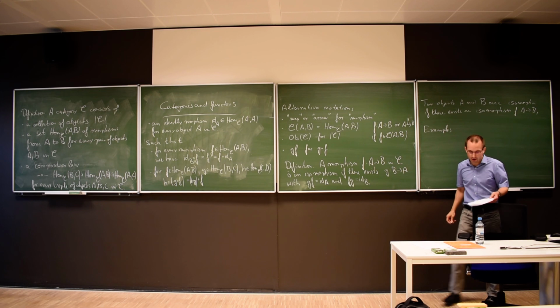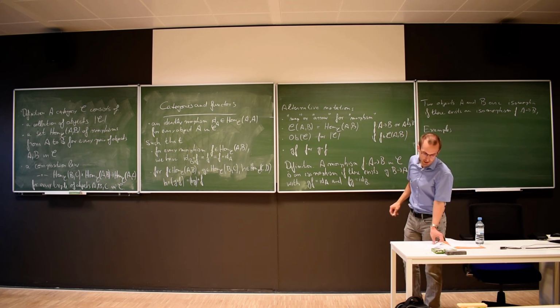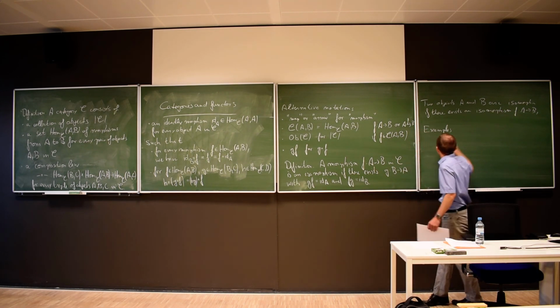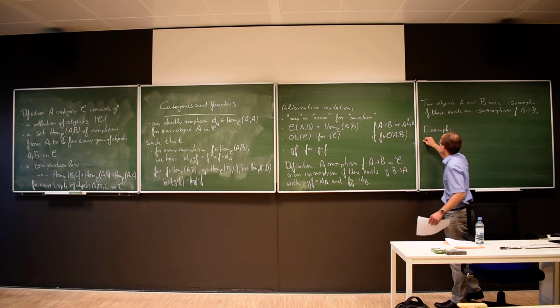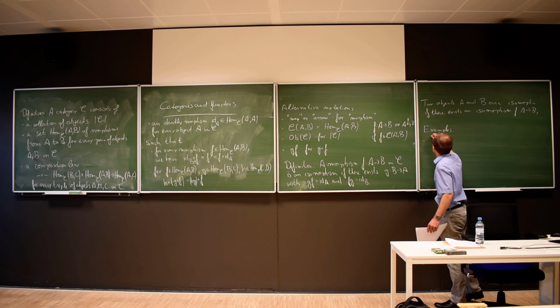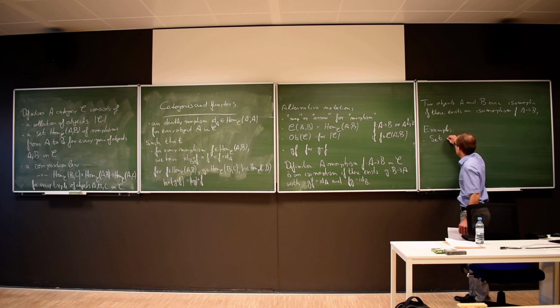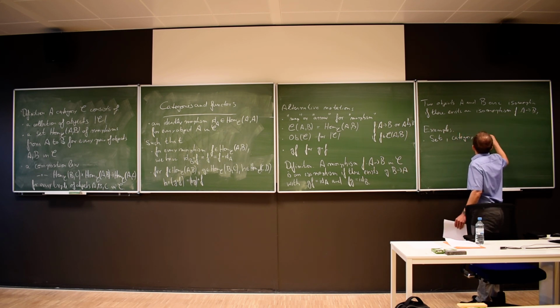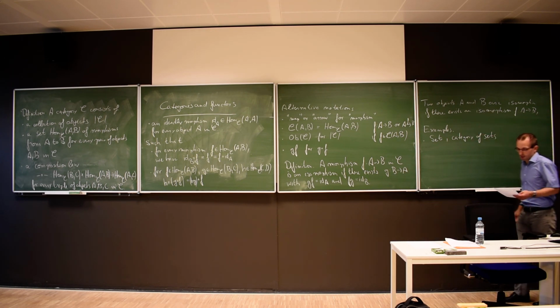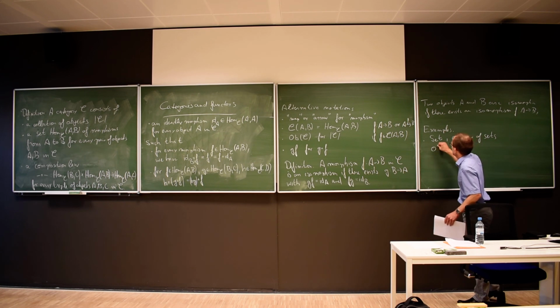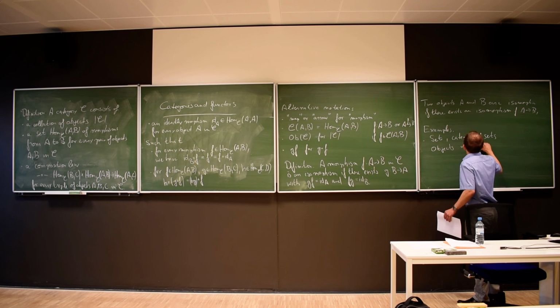Okay, this is now finally the point where I can start with the examples. One very obvious example that's in some sense the most basic one is the so-called category of sets. So this is a category denoted maybe by Set, the category of sets. This is the category whose objects are the sets.